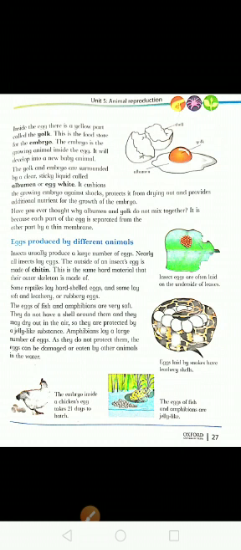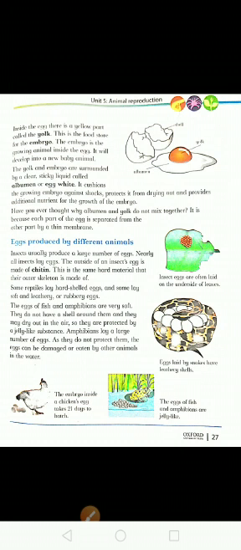Insects usually produce a large number of eggs. Nearly all insects lay eggs. The outside of an insect's egg is made up of chitin. This is the same hard material that their outer skeleton is made of.